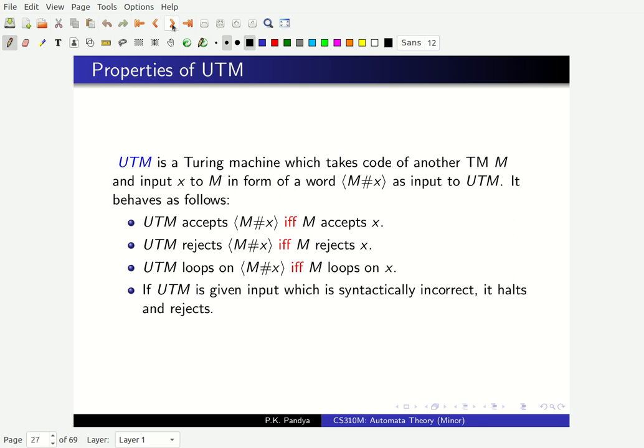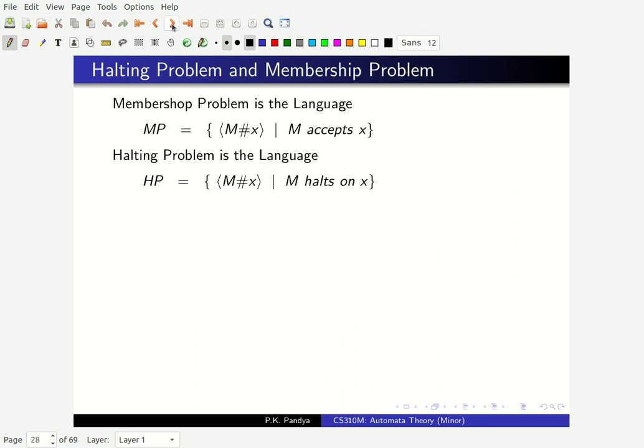We saw these properties. We also defined two languages, one called MP and one called HP. MP consists of all codes MX pair such that M accepts X. On words which are not accepted by M, words which are not in MP, the Turing machine may loop or it may reject.